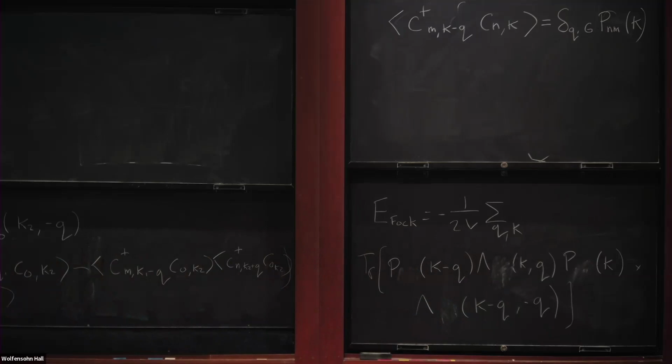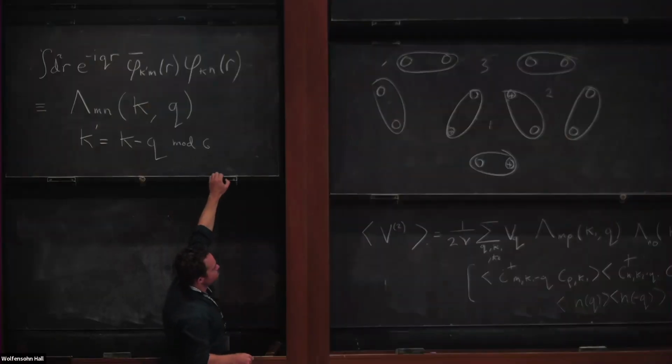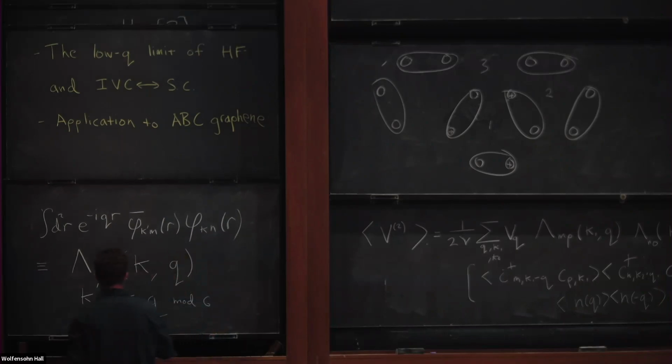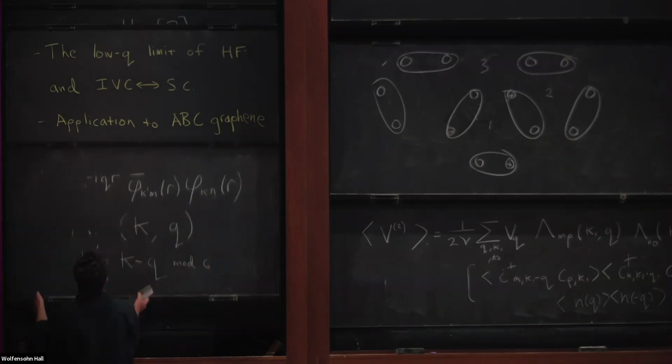Okay. So now let's make this a bit more precise. To do it, we're going to take the low q limit of the form factor, because it turns out it takes a very nice structure in that case. Actually, let me keep this here.